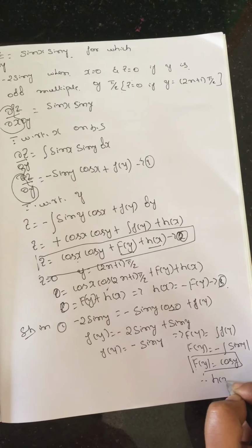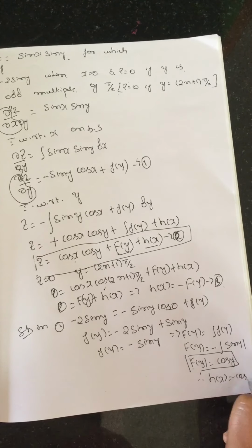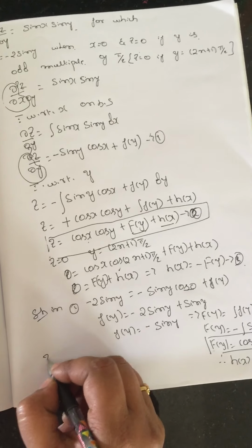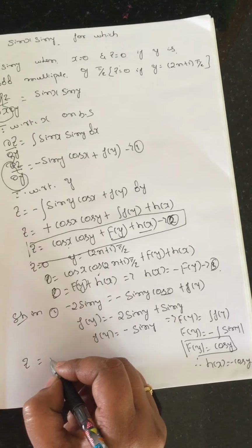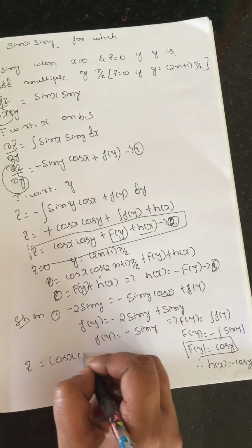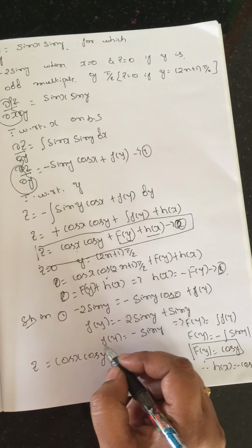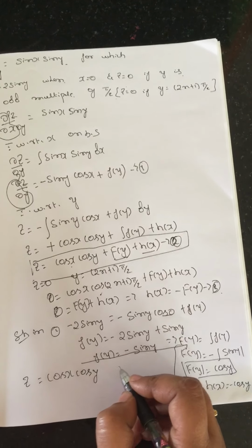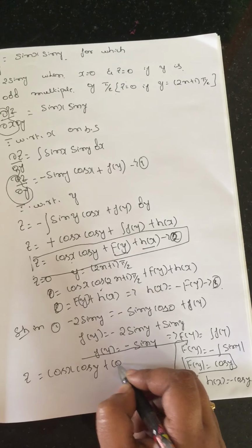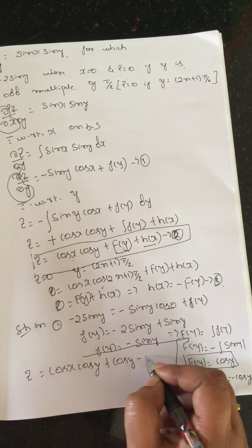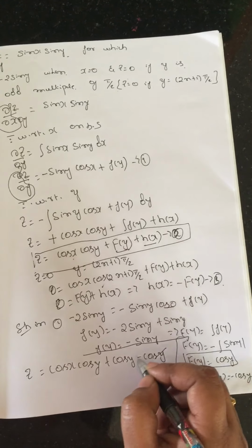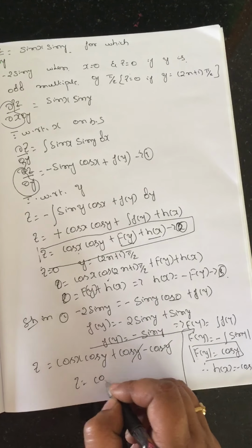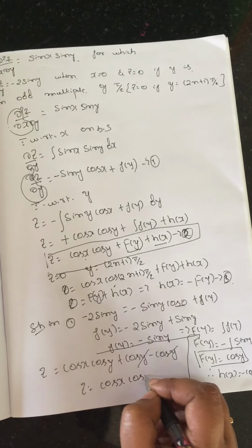Therefore h of x is equal to minus cos y. Now substitute these two values in the given equation: z is equal to cos x into cos y plus capital F of y, which is cos y, plus h of x, which is minus cos y. The plus cos y and minus cos y cancel. Therefore z is equal to cos x into cos y.